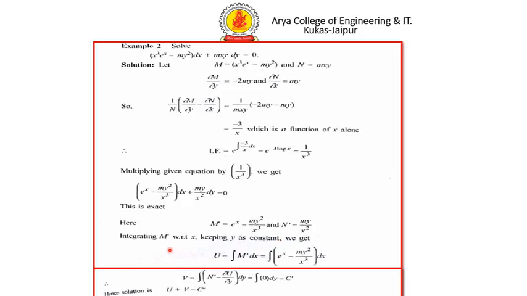Now the equation is exact, so we follow the procedure to solve an exact differential equation. First integrate M dash with respect to x. We have the value of u. Then we calculate v, which equals the integral of (N dash minus del u upon del y) dy. The complete solution is given by u plus v equals c.